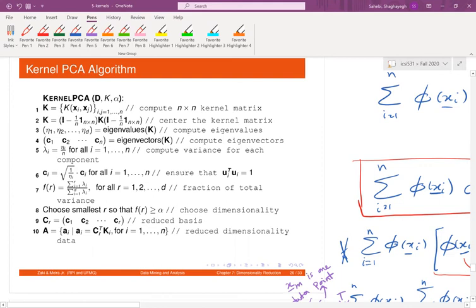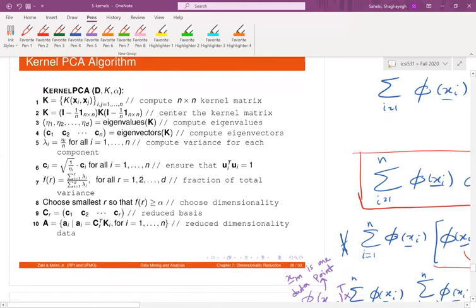In line 7, we are calculating how much each of our principal components adds to the total variance of our data. So it's basically the fraction of total variance that we are going to keep if we keep that particular principal component and the ones that are more important than it.